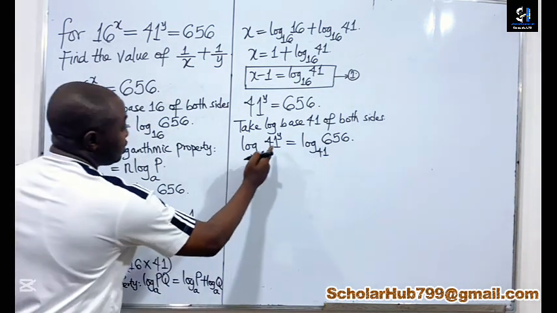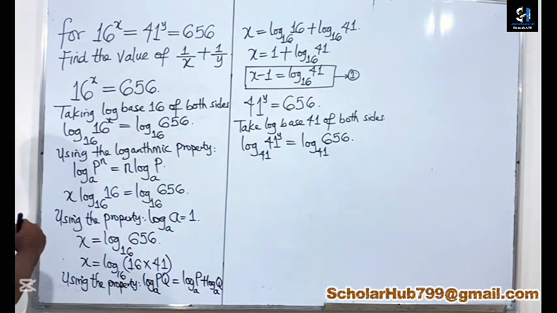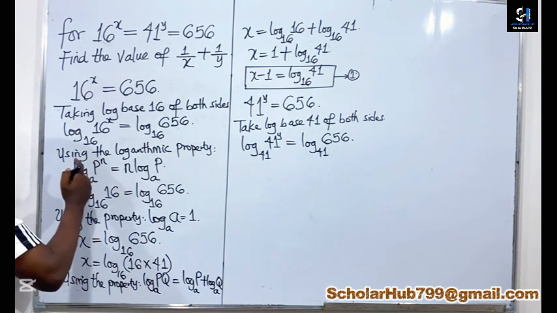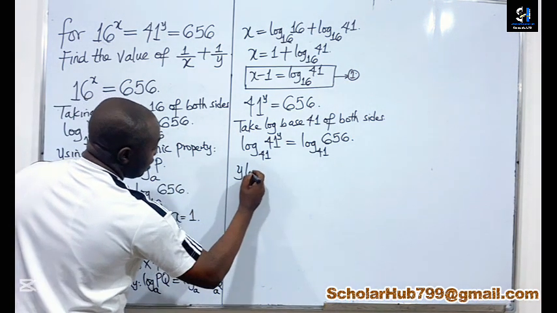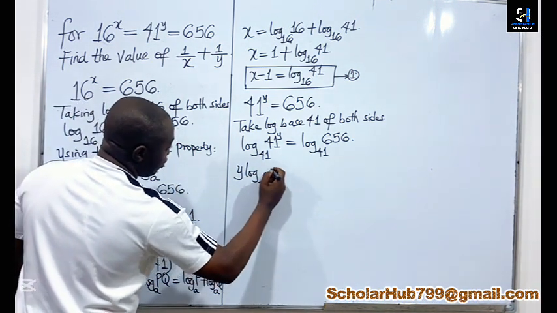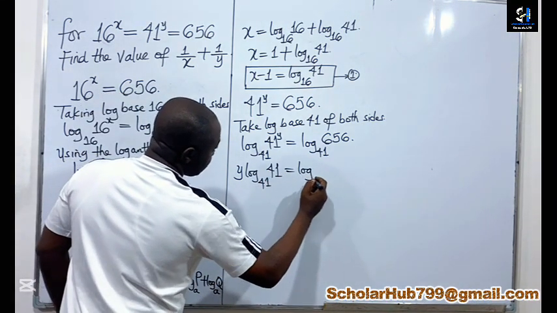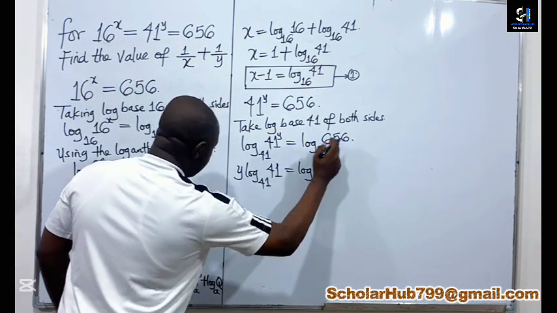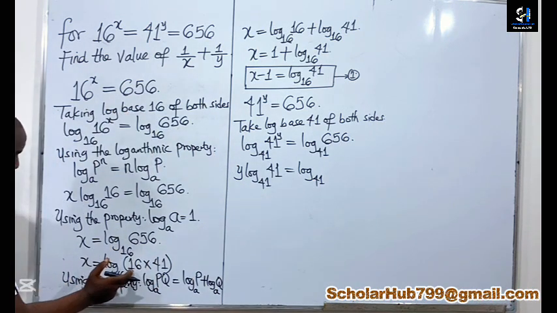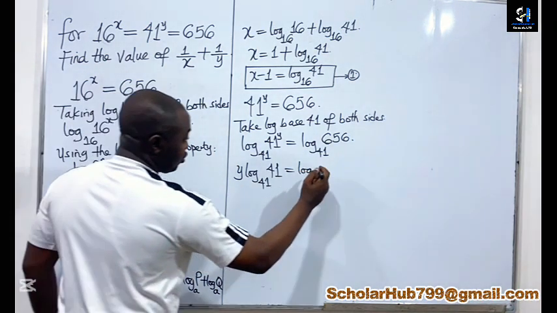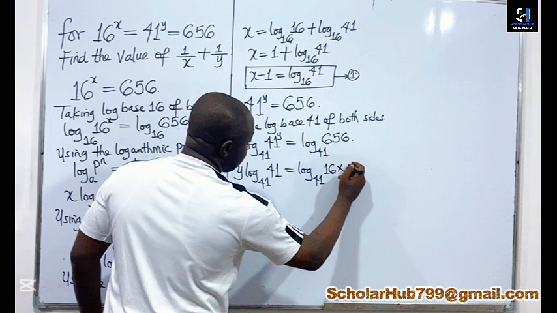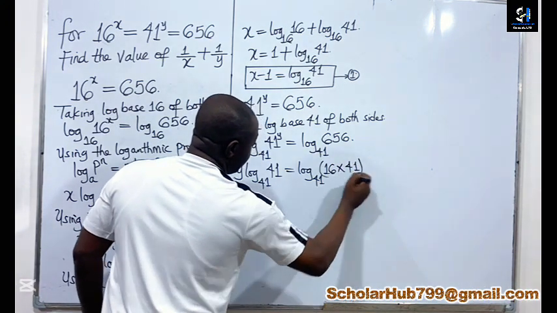Then applying the power rule of logarithms, this will be y log base 41 of 41 equals log base 41 of 656. Remember, 656 is 16 multiplied by 41.